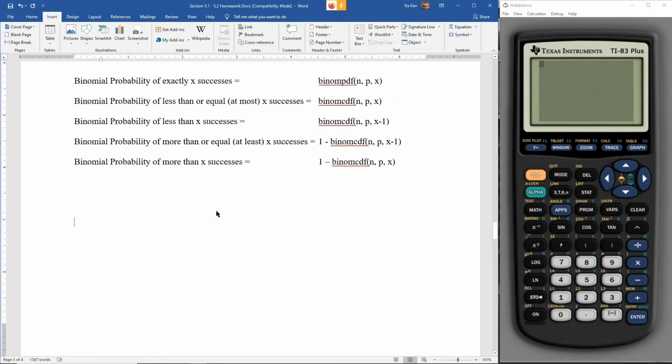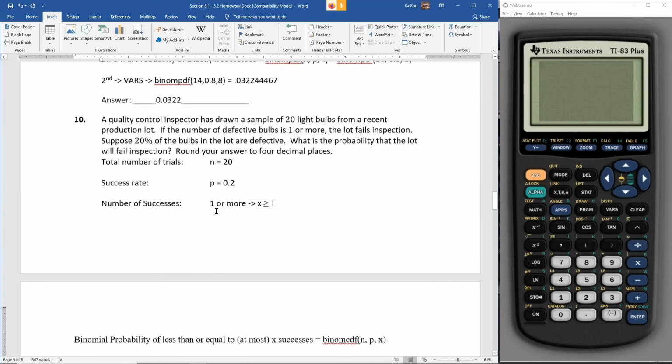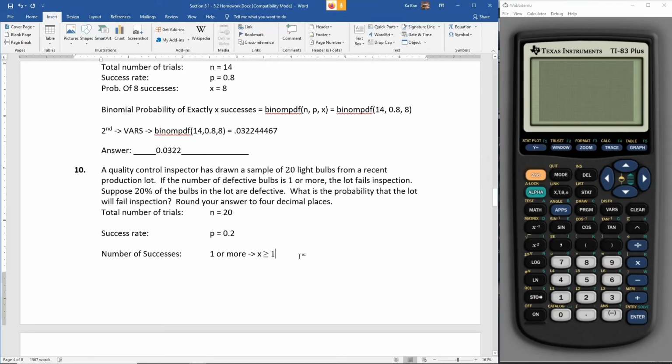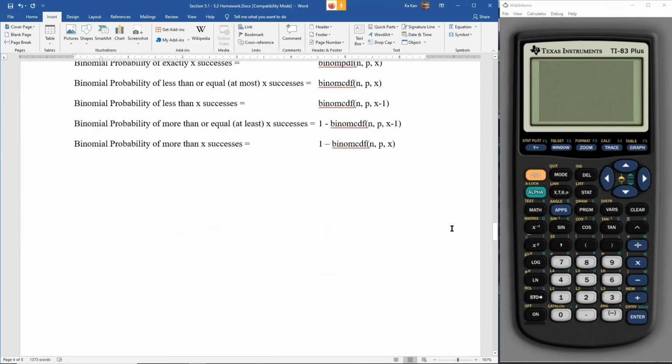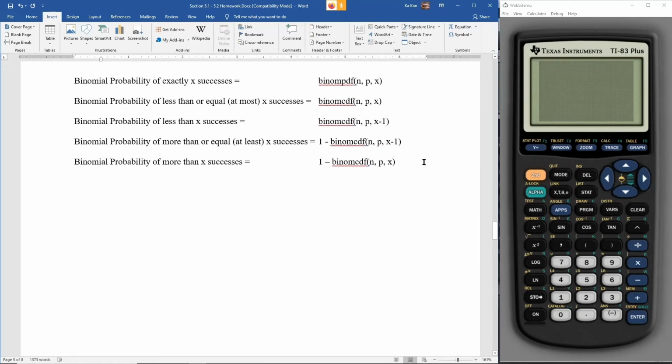So if you go back to the problem that we did just now, we have x bigger than or equal to 1. What does that mean? This is the same thing as more than or equal to 1. So then I just scroll down, and you can have this table sit somewhere when you do your homework. More than or equal, that's this one. So there'll be 1 minus binomial CDF(n, p, x minus 1).